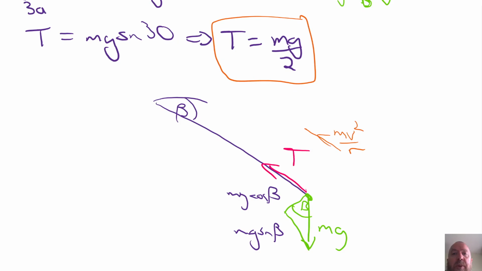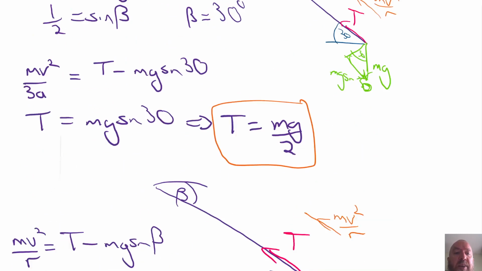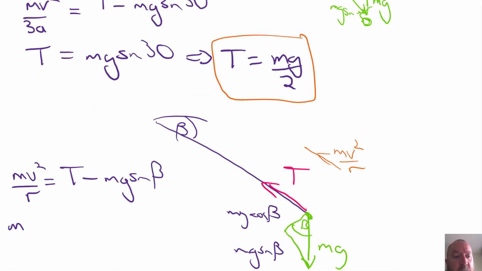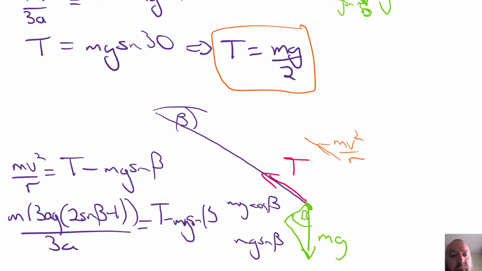So at any moment, mv squared over r equals T minus mg sine beta. But we know what v squared is, it's that 3ag thing. So we have m times 3ag (2 sine beta minus 1) over 3a equals T minus mg sine beta.